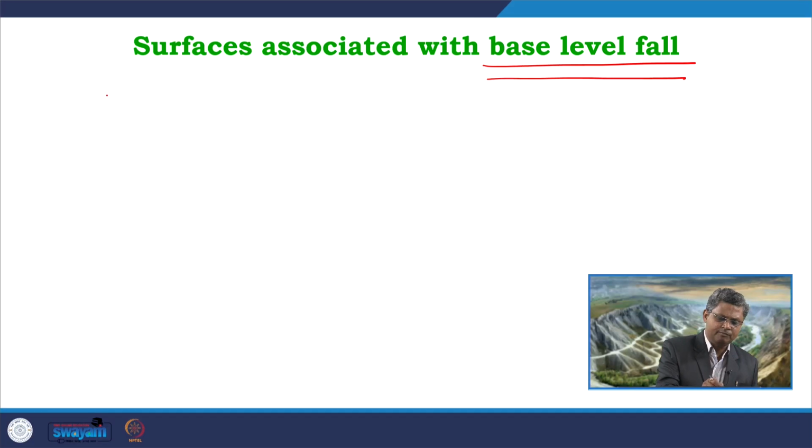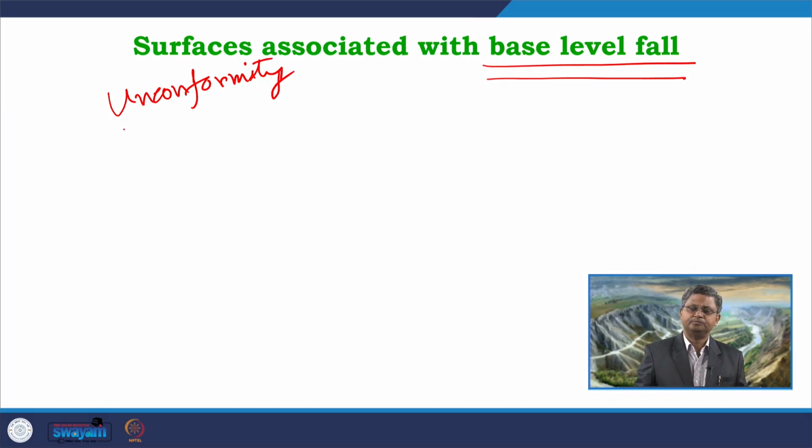Today we are starting this series of discussions, which will continue in successive classes, with those surfaces which are associated with base level fall. The first name associated with this category of surface is the unconformity.